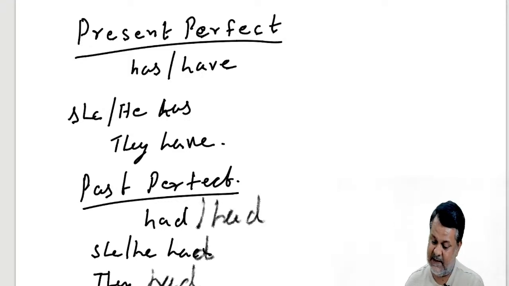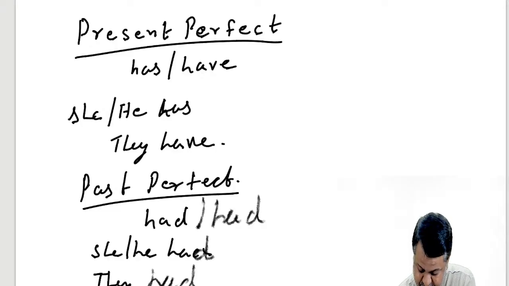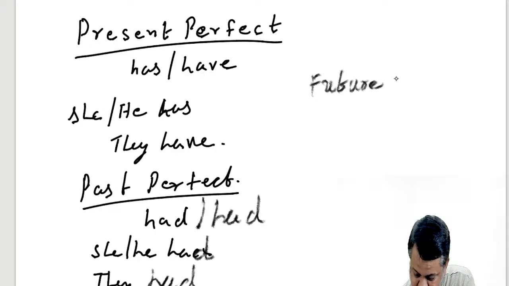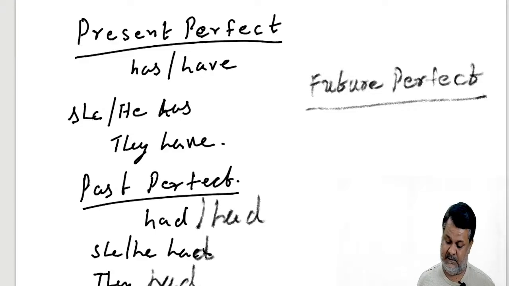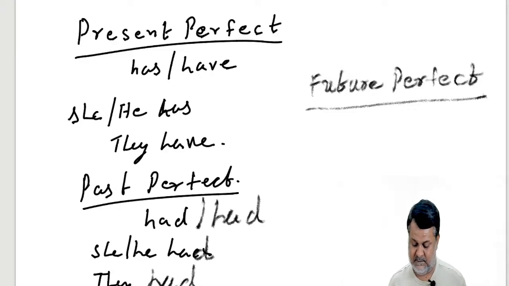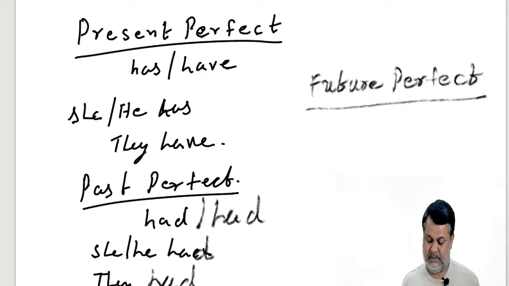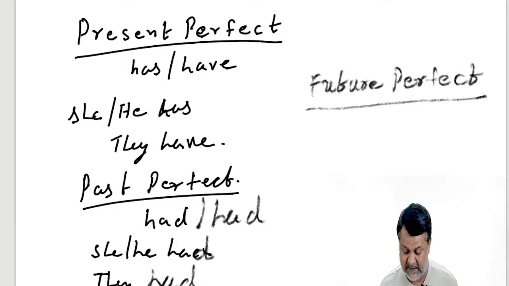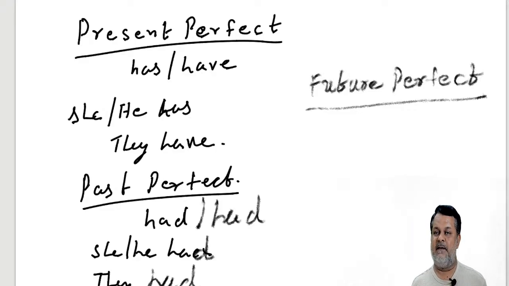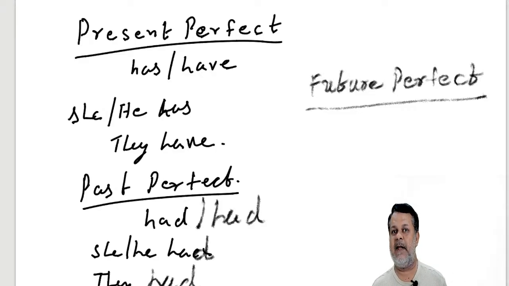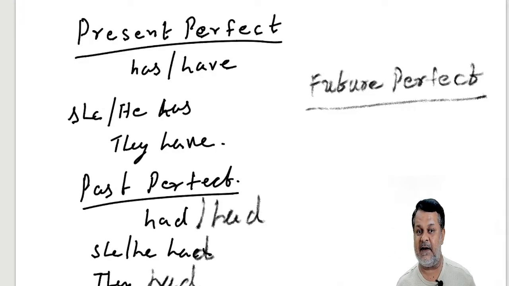And then comes future perfect. Future perfect is something to indicate a completed activity at a particular time in the future. So an activity that will be completed at a particular time in the future.